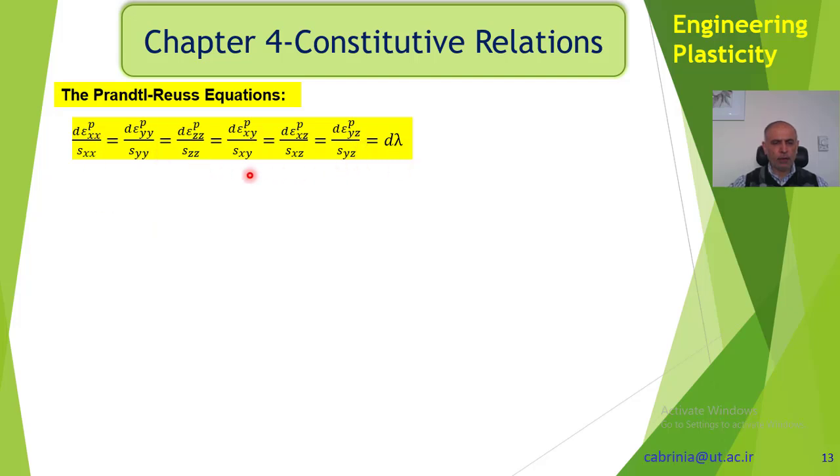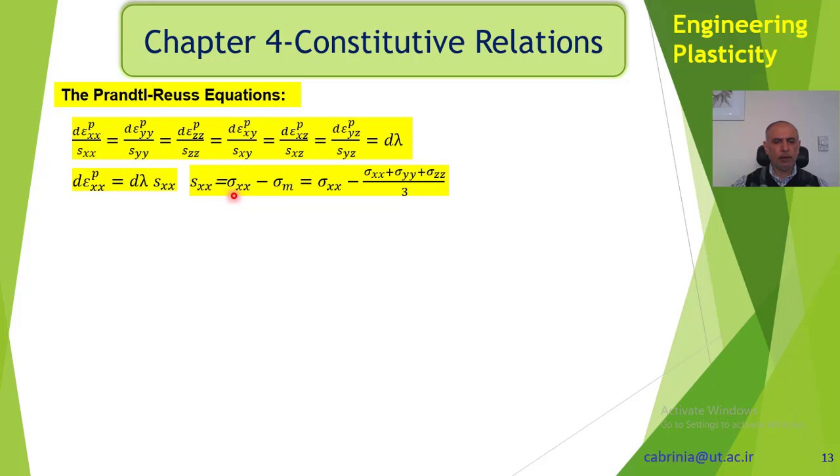So we showed that there is this relationship between increment of plastic strain and deviatoric stresses, and therefore we could show that epsilon xxp is equal to Sxx times d lambda. Okay, the first one. Similarly, for these I can write the same.